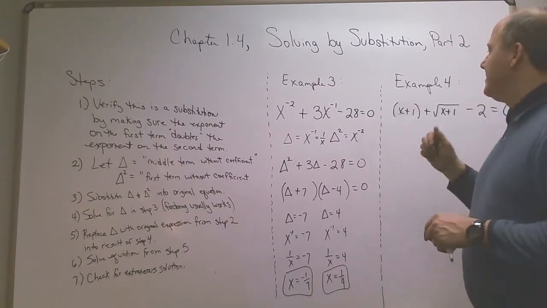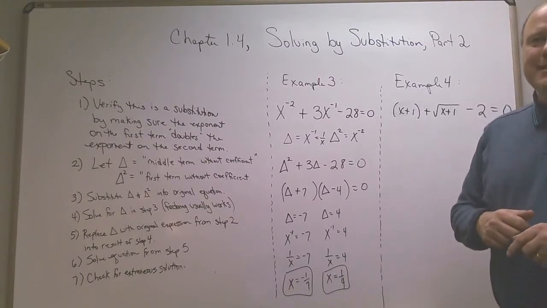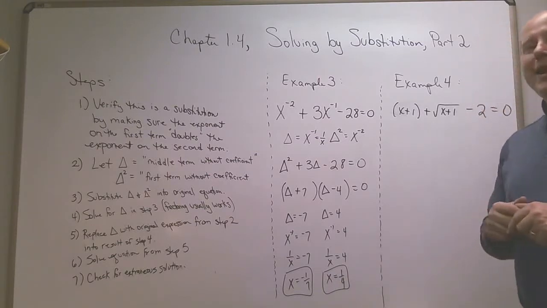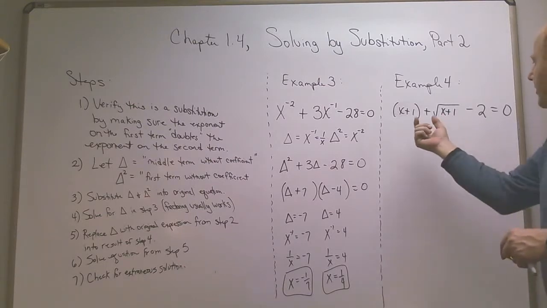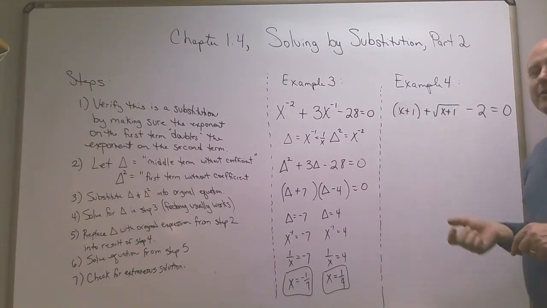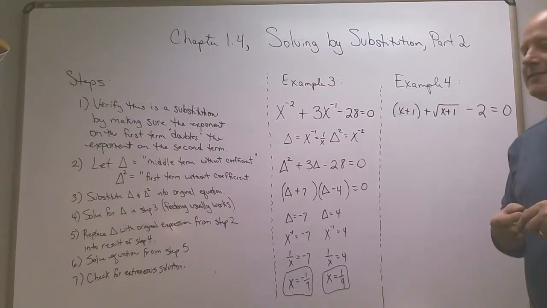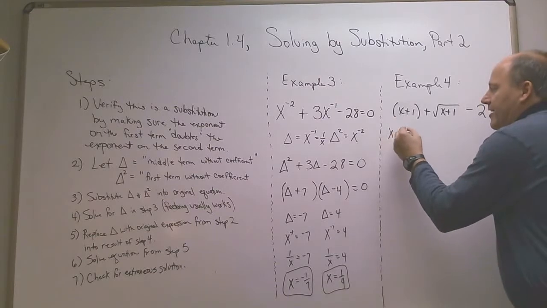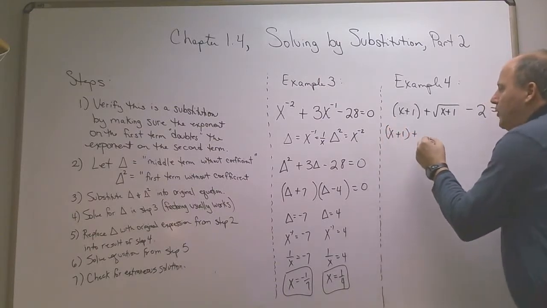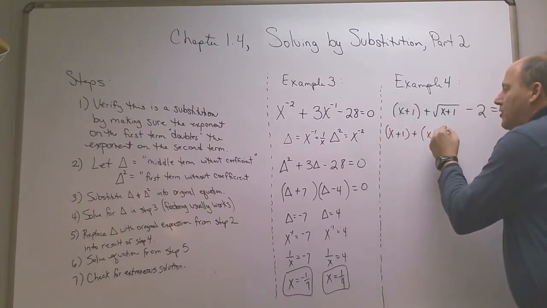So now this next one, people miss it because they don't recognize it as a substitution type problem. But if you notice, there's an x plus 1 there and an x plus 1 there. So that's kind of a dead giveaway that it is a substitution problem. Now the square root of x plus 1 is x plus 1 to the 1/2.